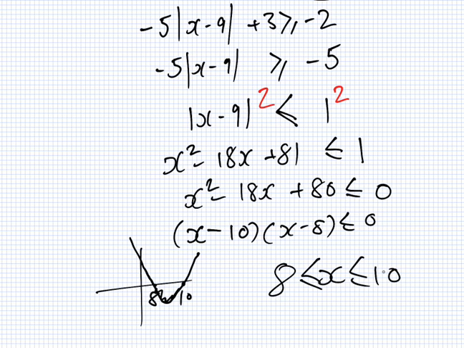Now, there are other examples. I don't think I'll do it because I think you get the idea. If you have an absolute on the left and the right, you can do it the same way. You can square both sides, and both sides will become quadratic. And then what do you do next? Solve the quadratic. How do you solve it? If you have an absolute and an absolute, and you square both of them, you get a quadratic and a quadratic.